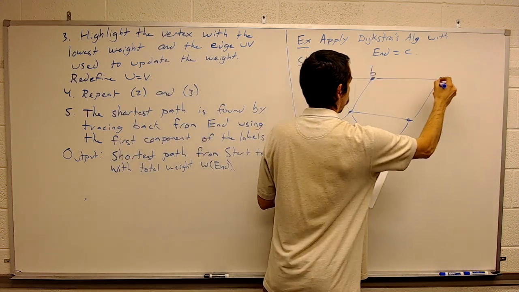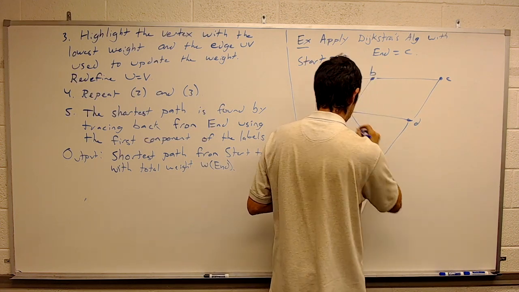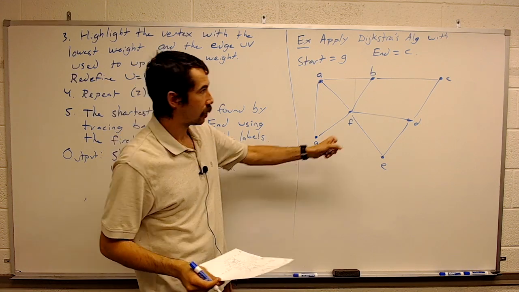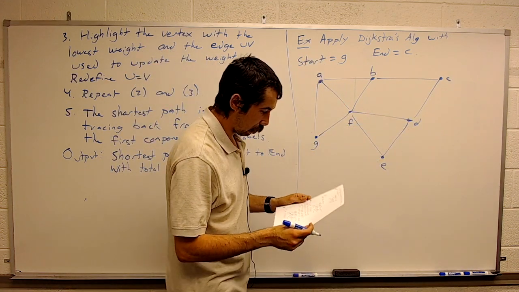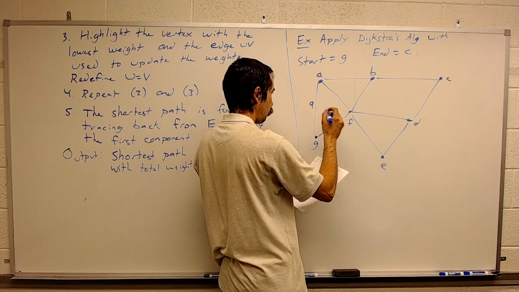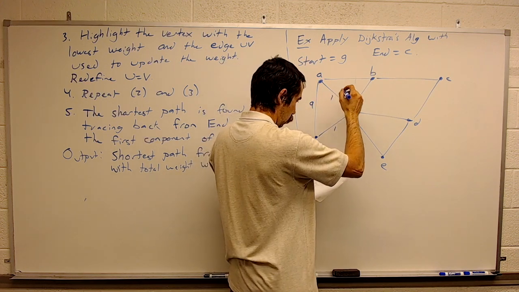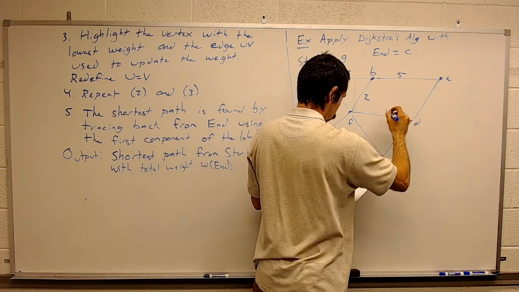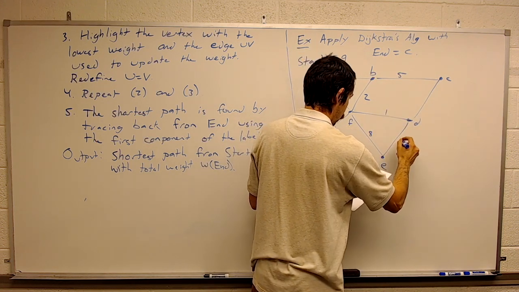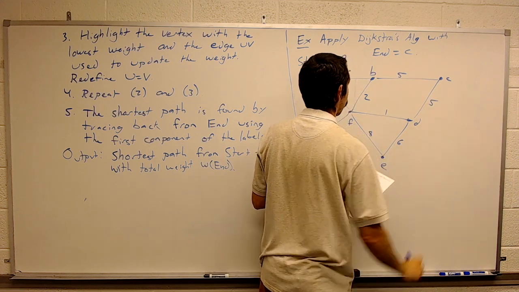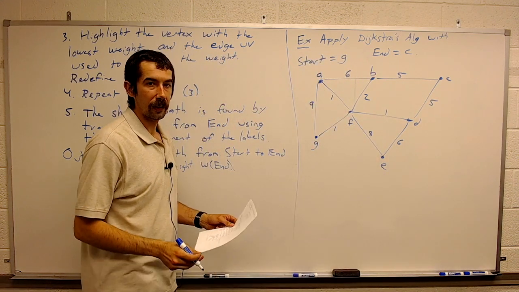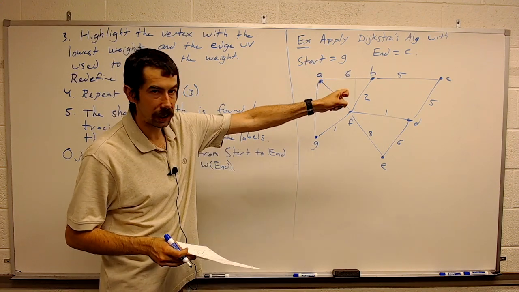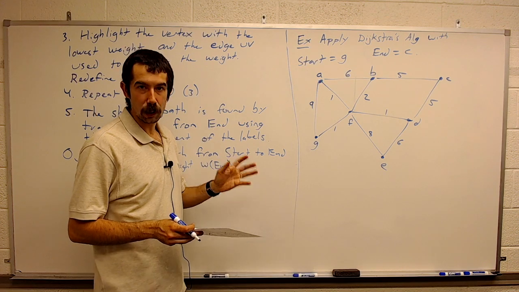A, B, C, D, E, F, and G. So we're going to go from G to C, and the weights are 9, 1, 1, 2, 6, 5, 1, 8, 6, and 5. All right. So our goal is to get from G to C as quickly as possible.